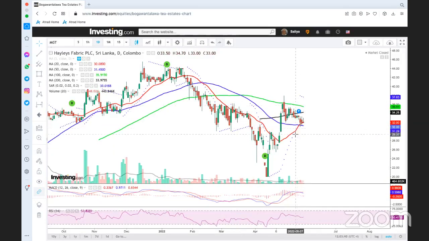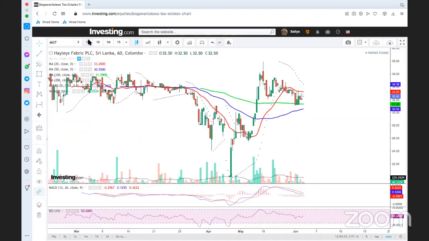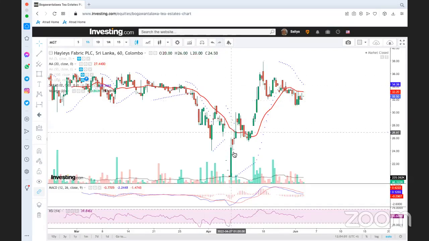But MACD is bearish, RSI is bearish, PSAR is bearish, right? So you go to the 1-hour chart. There again, it's bearish. MACD is bearish, PSAR is bearish, RSI is above 50 points.